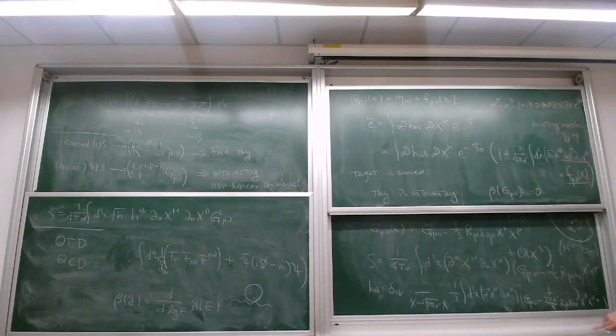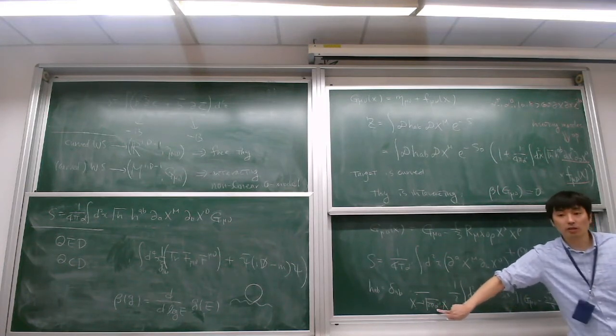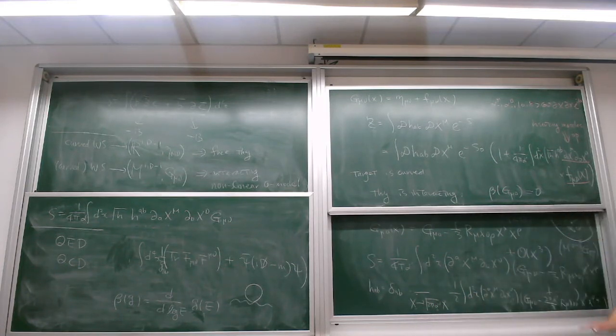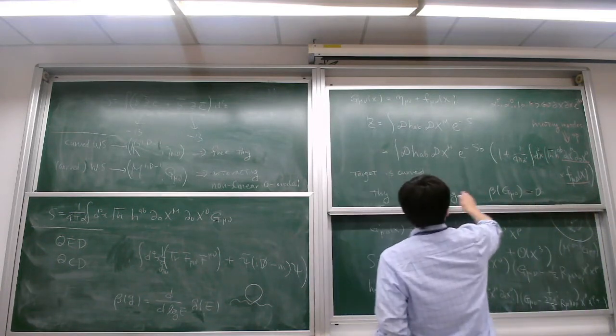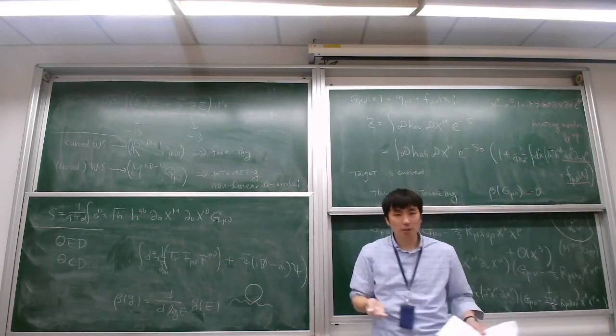So now the string coupling constant shows up here. This can be treated as an interaction term, okay? And we want to compute the beta function for this one. That will give you how the theory depends on the scale.